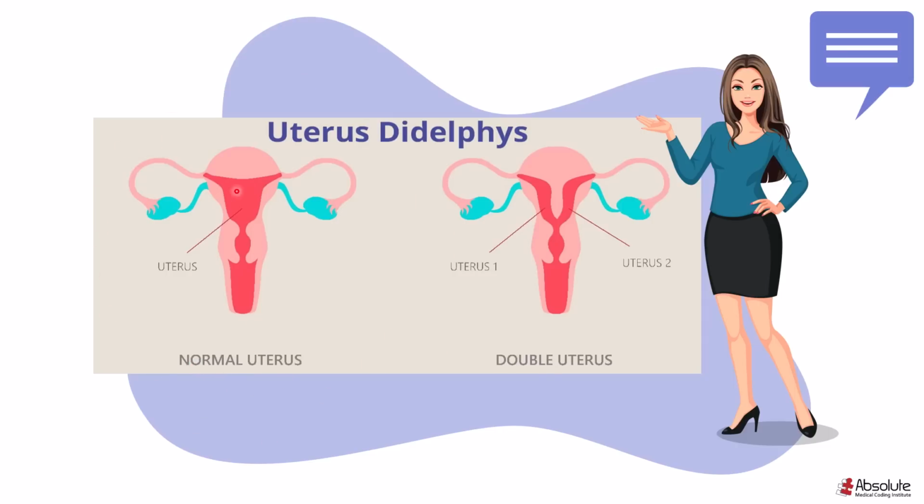But patients with uterus didelphys have two uteruses, two cervixes, and sometimes two vaginas. This complex reproductive anomaly results from incomplete fusion of the Mullerian ducts during fetal development, so it is congenital.